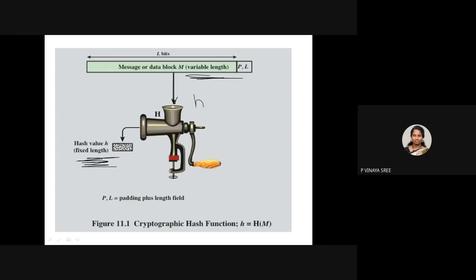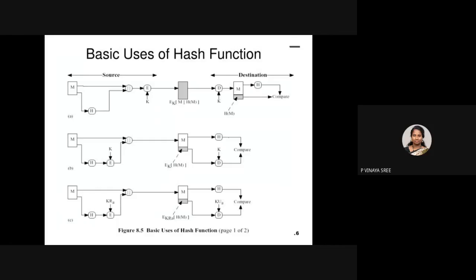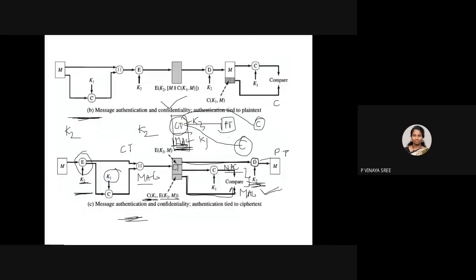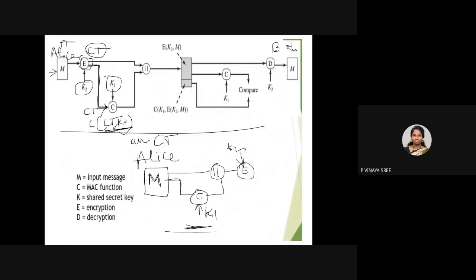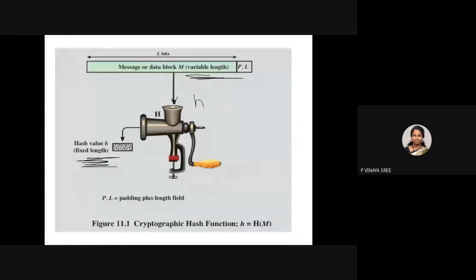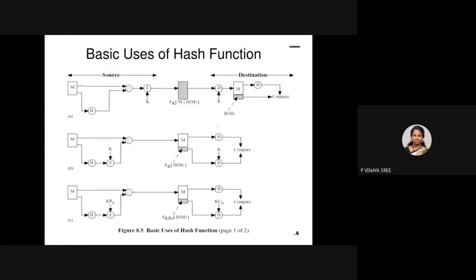Now see here, almost what we have in a MAC, we will have in a hash. But let me show the difference. I already gave a clear idea about the differences. Now let me show this. See here, we have a message, and this message we are sending to the hash.